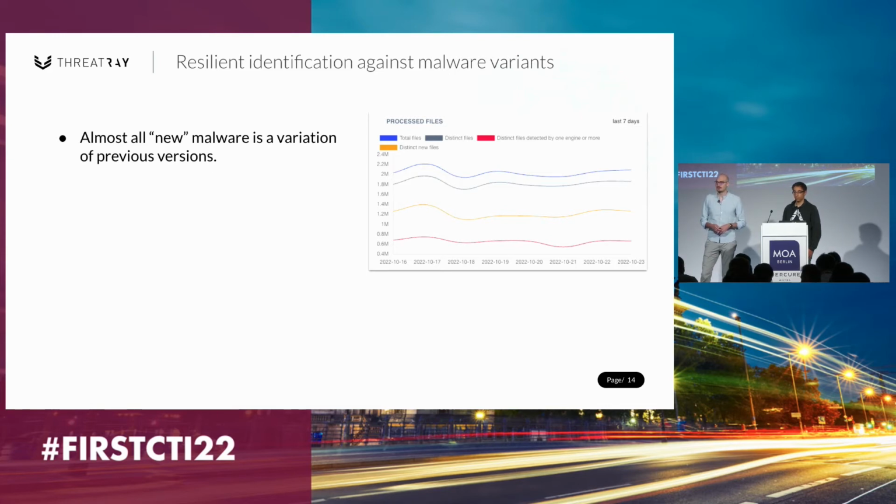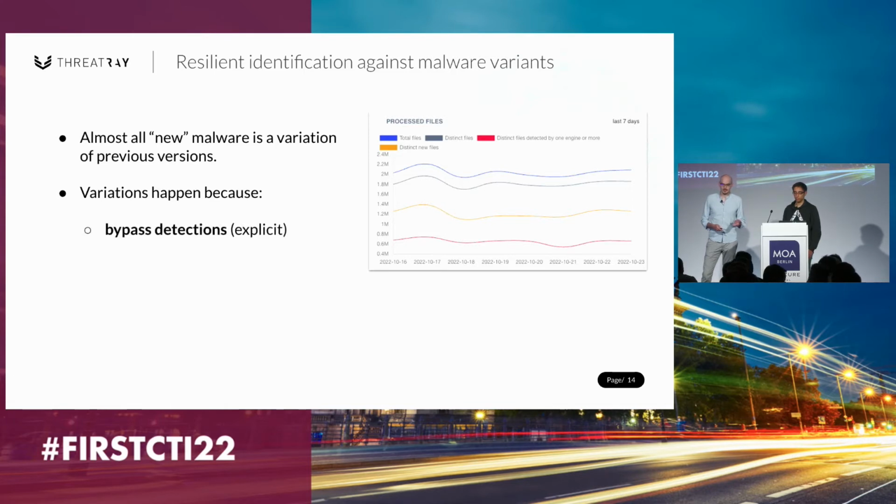The reason is that a lot of new malware is essentially a variation of previous malware that has been seen before. If we look at VT, for example, the statistics say that they have around 1 million, plus or minus, new malicious binaries every day. These variations happen for two particular reasons.